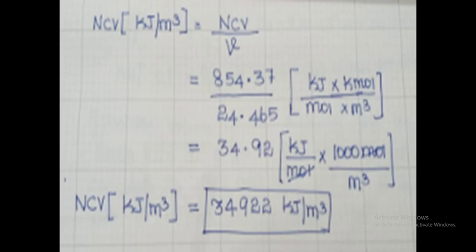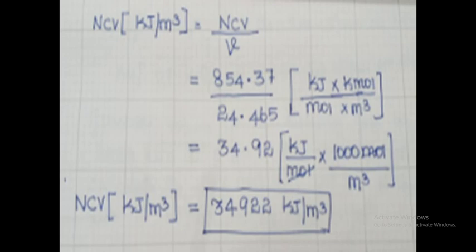You should take that value and substitute here, 854.37. The specific volume is also given data. You should take that value and substitute here, 24.465. The unit of NCV is kilojoule per mole, and the unit of specific volume is metric cube per kilomole. So now the units are not cancelled. What do you do here?